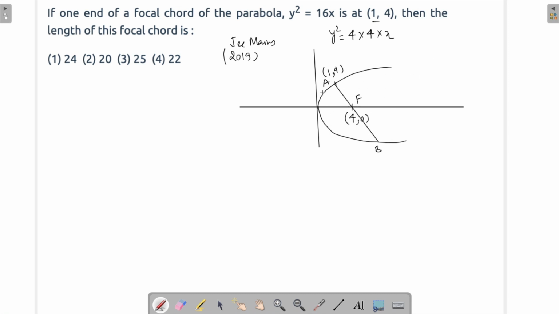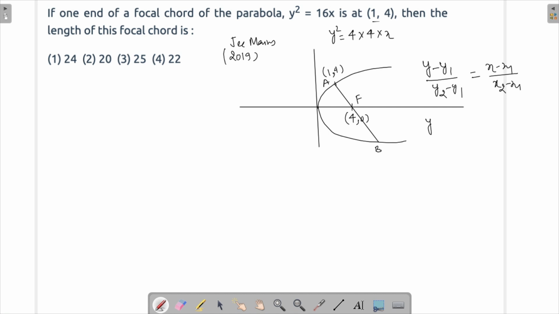I know that the equation of the line which is passing through 2 points could be given as (y minus y1) upon (y2 minus y1) equals (x minus x1) upon (x2 minus x1). So we'll take this as x1, y1, x2, y2.